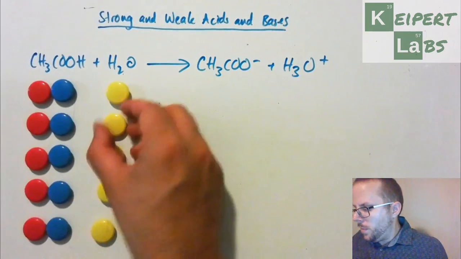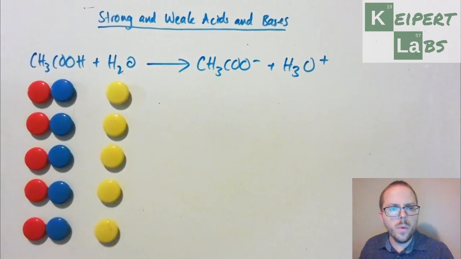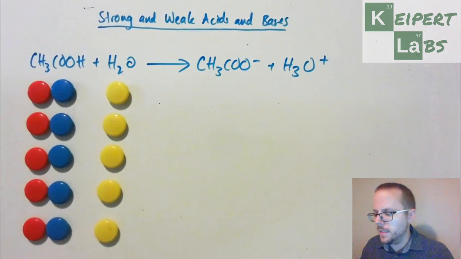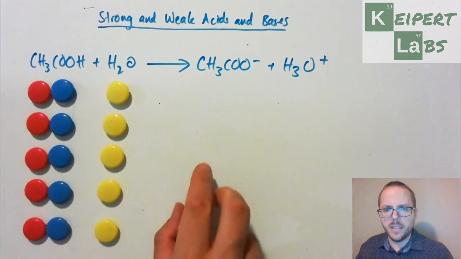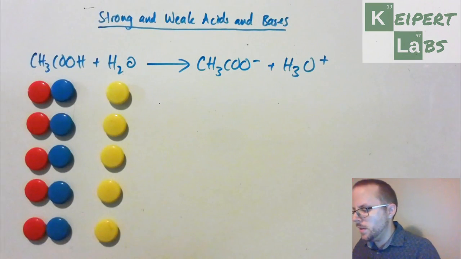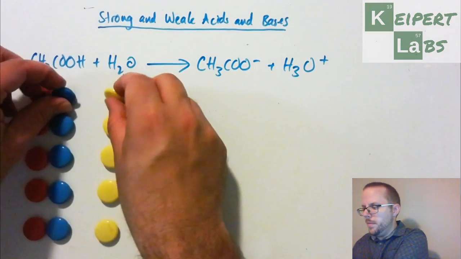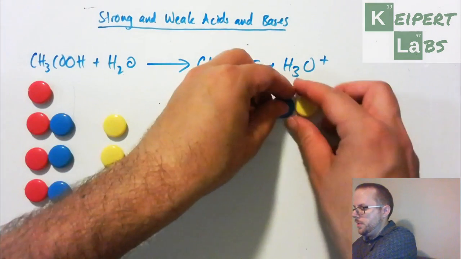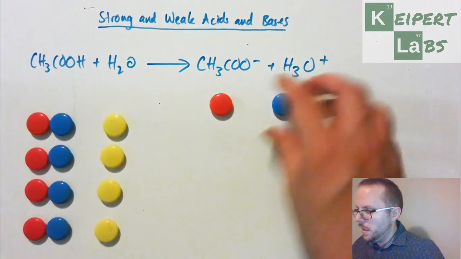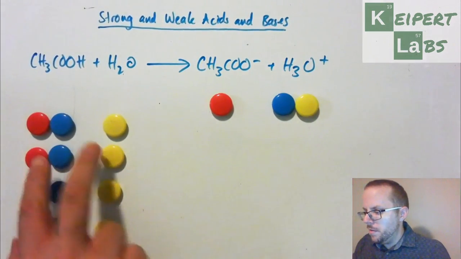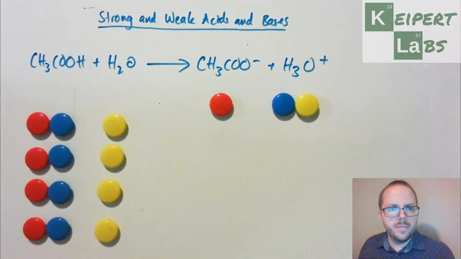Now, when acetic acid or ethanoic acid does this process, what we notice is something different: not all of these acid particles end up reacting. What we might see is perhaps this one donates its proton to form hydronium with the acetate left behind, but these other ones here remain unreacted.